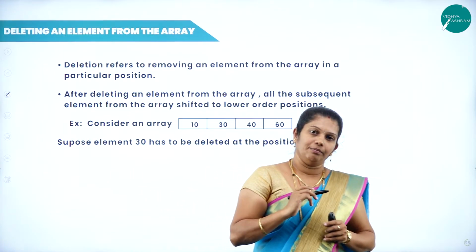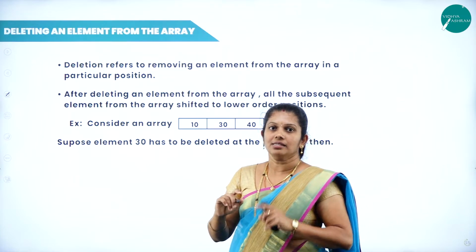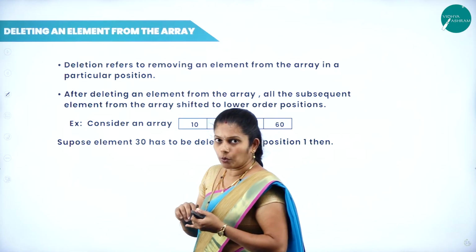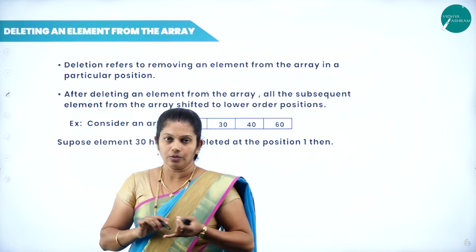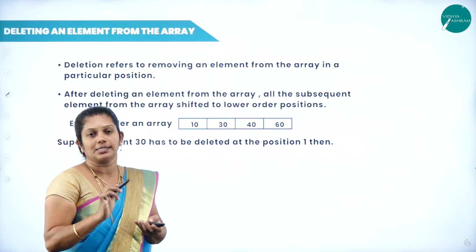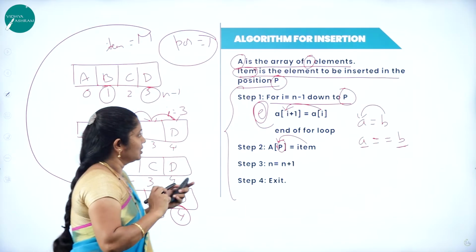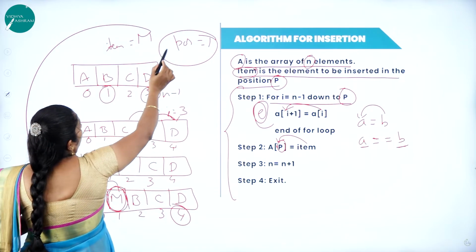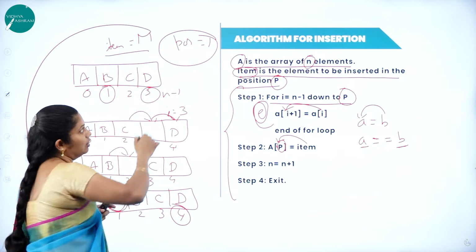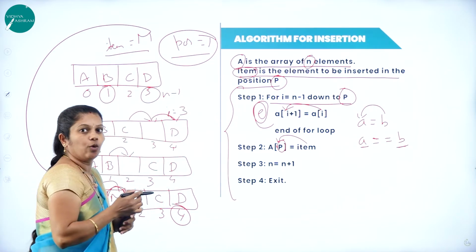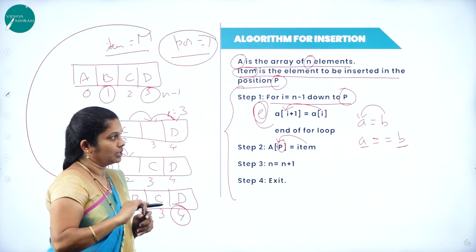How to delete an element? In the insertion case, I told you that we have to mention which element we want to insert, and also on which position we want to insert. Both things you have to mention.